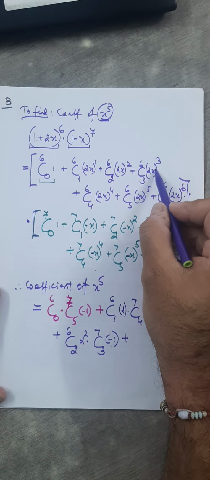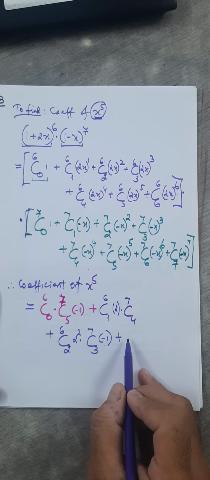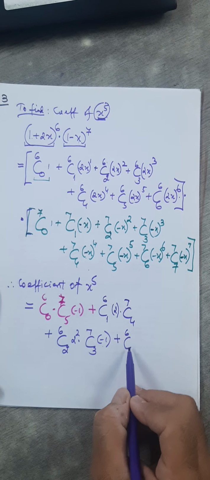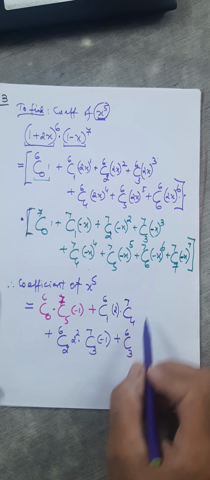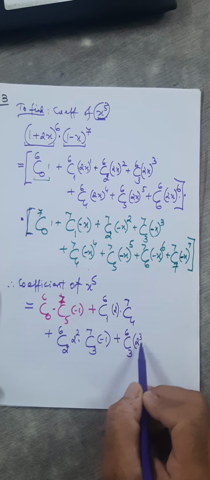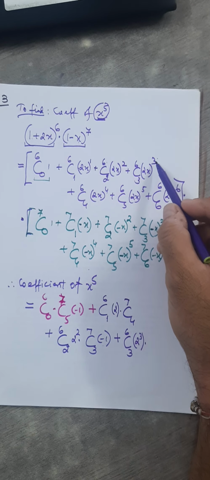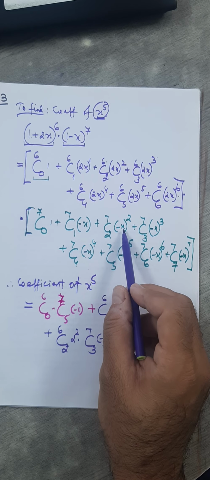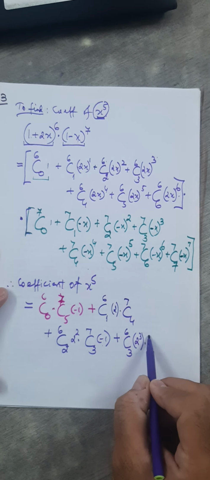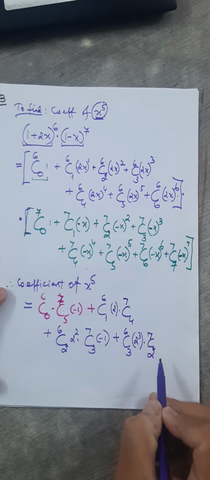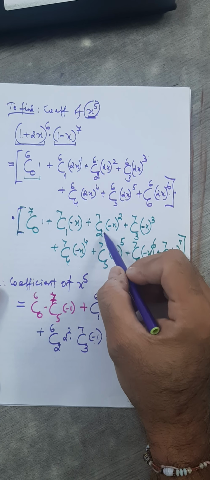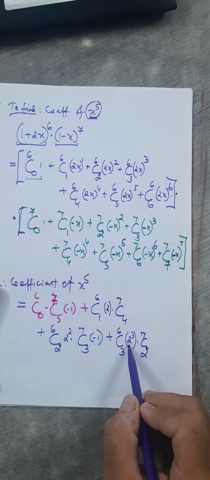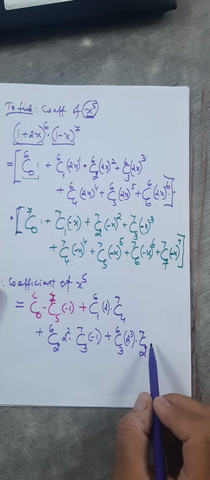Plus, now next the cube. So there you have 6c3 into 2 raised to 3, which is 8, into, now x cube is multiplied with what here? X square, remember. But this will be plus, so into 7c2. 7c2, this is x square, this is x cube, 2 raised to 3, which is 8, and 6c3.